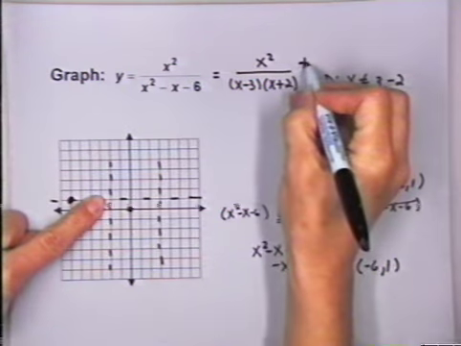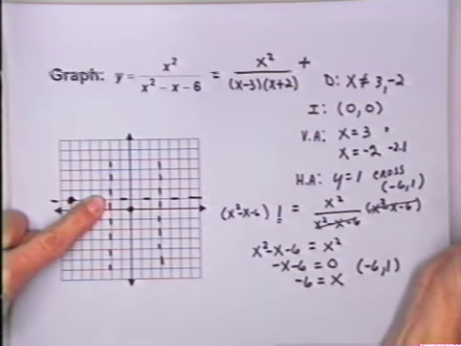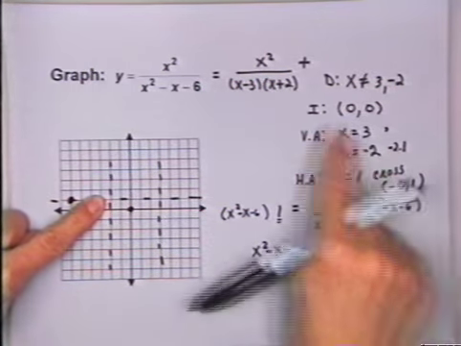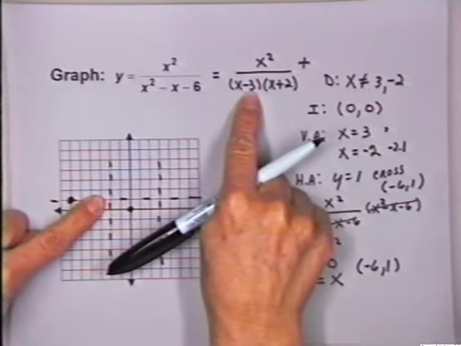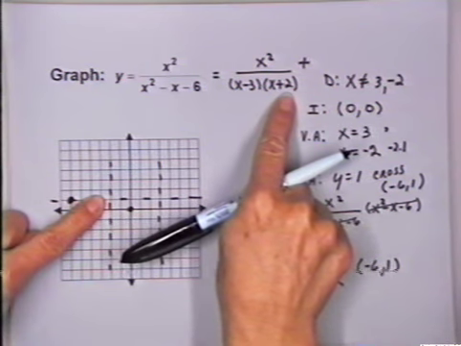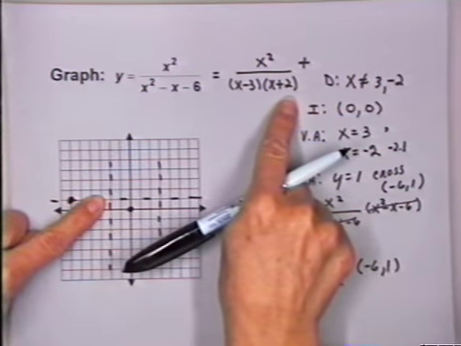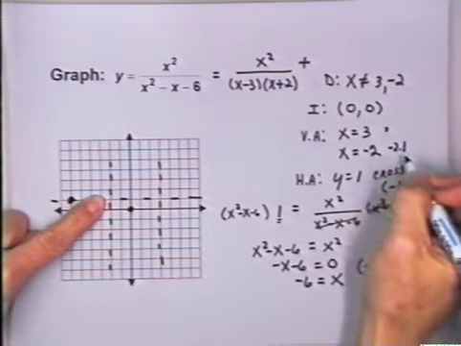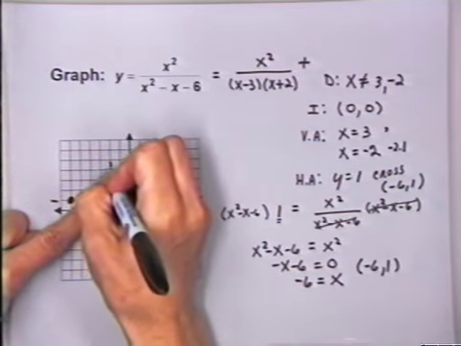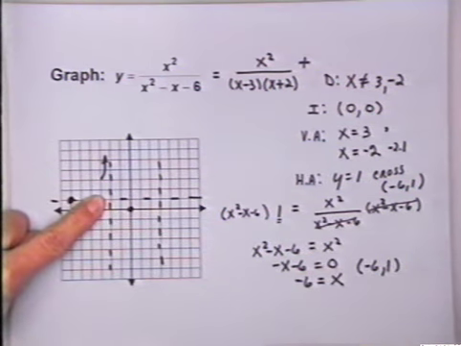That's always positive, no matter what x is, so we don't need to worry about that numerator too much. Negative 2.1 minus 3 would be negative. Negative 2.1 plus 2 would also be negative. A negative times a negative down here is positive. So on the left-hand side, we're approaching positive infinity. Graph is going up like that.